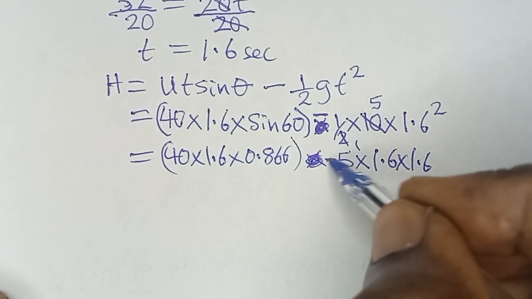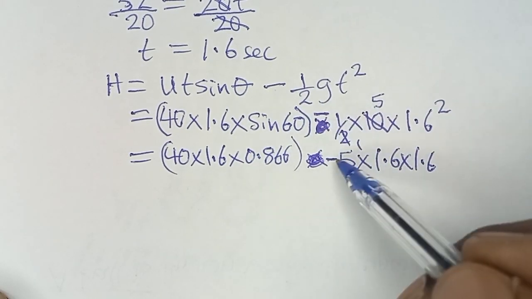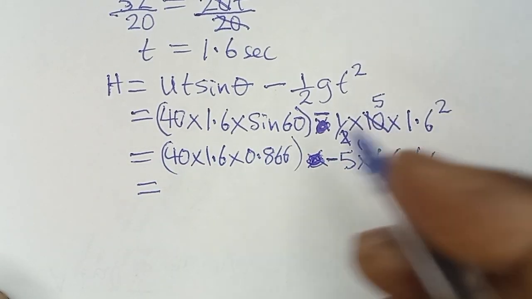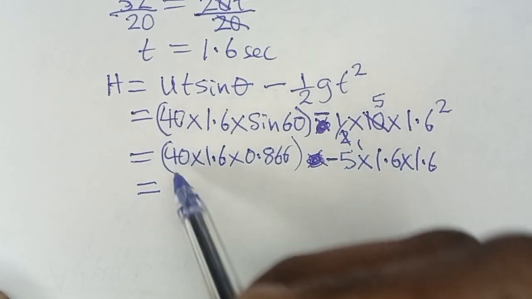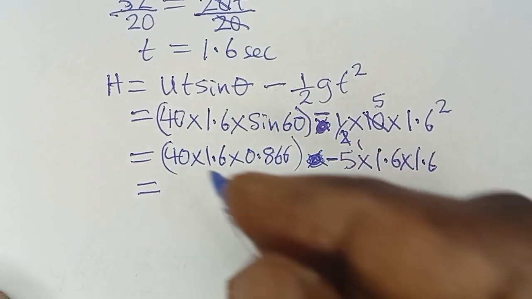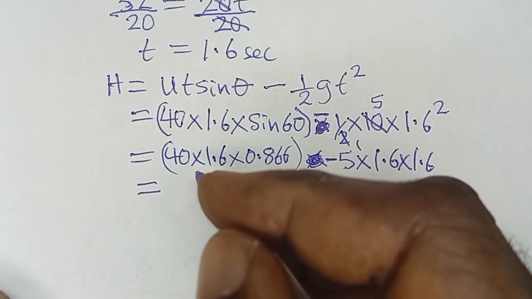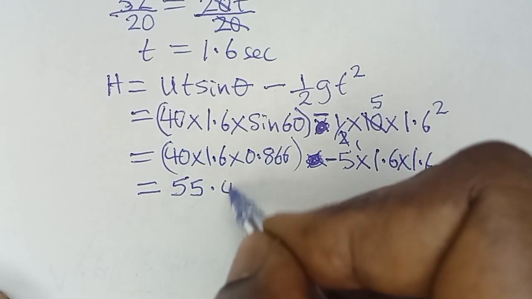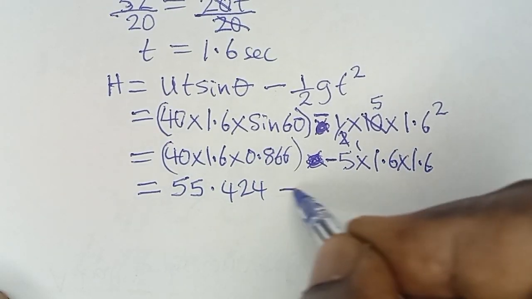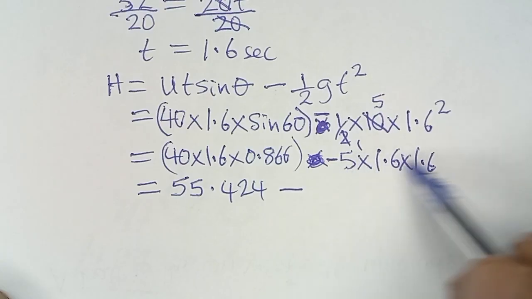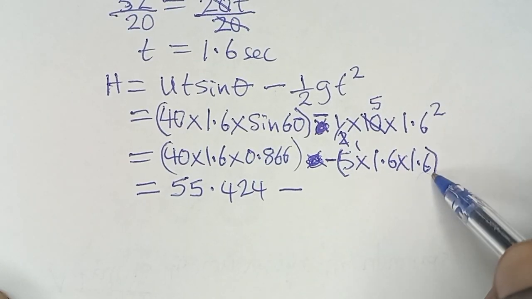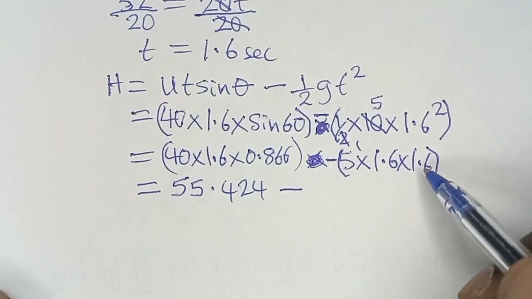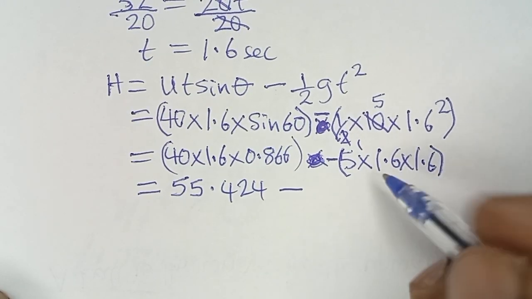Sorry for that mistake. So if we multiply the whole of this, it's going to give us 55.424, minus, if we multiply the whole of this in brackets, it is going to give us 12.8.